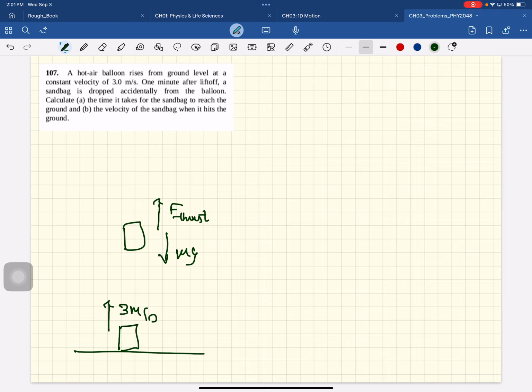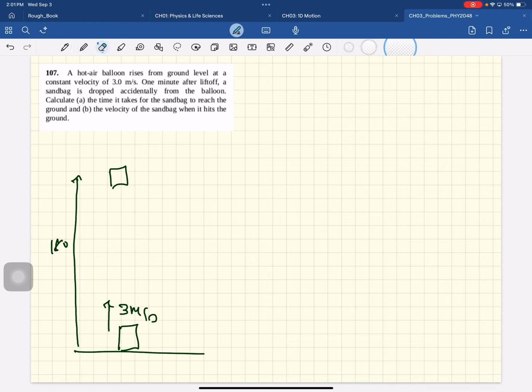So that balances the force of gravity, and it has traveled for 1 minute. 1 minute is 60 seconds, 60 times 3 is 180 meters. So after 1 minute, it's at a height of 180 meters.